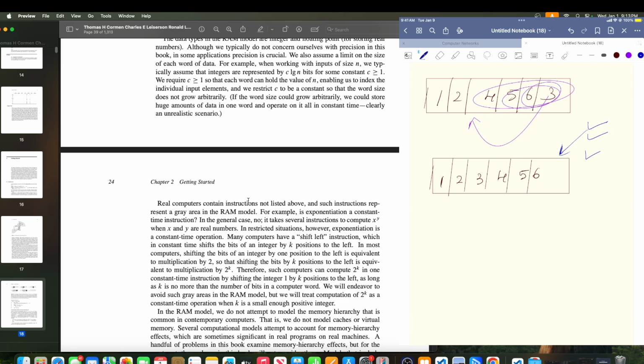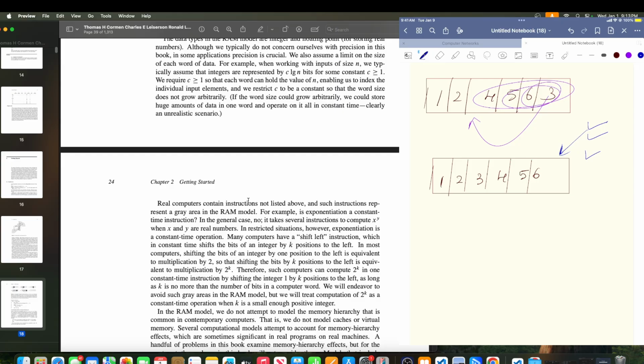Many computers have a left-shift instruction, which in constant time shifts the bits of an integer by k positions. In most computers, shifting the bits of an integer left by one position is equivalent to multiplication by 2, so shifting the bits by k positions is multiplication by 2 to the power k. Therefore, such computers can compute 2 to the power k in constant time. But we will endeavor to avoid such gray areas.